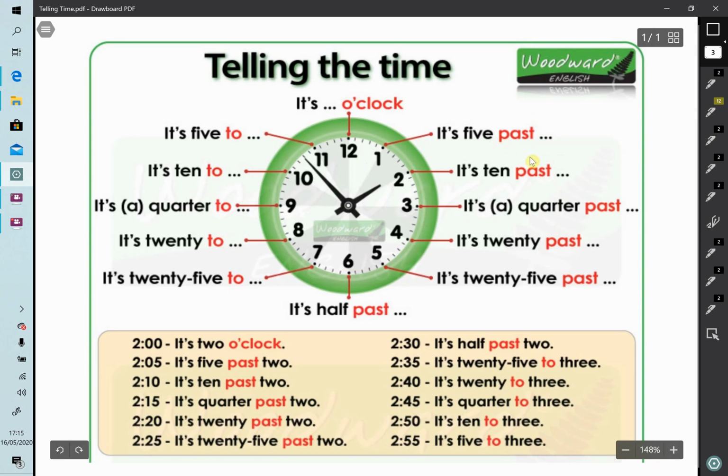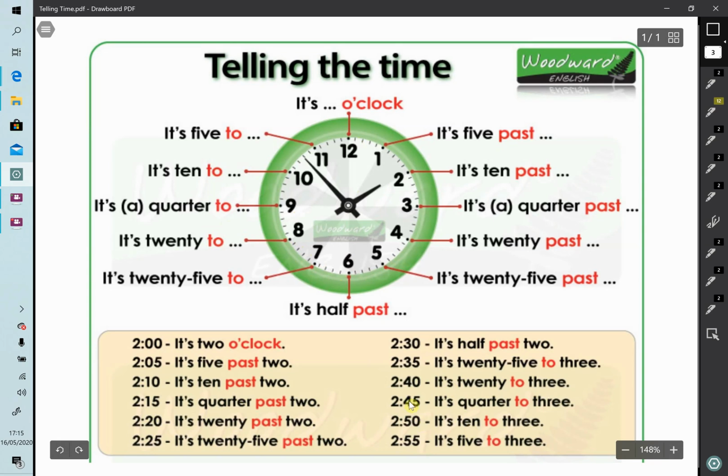We always use the word past. It's quarter past, it's 23 past if I want it to be, right? 23 past, because 20 past, 1, 2, 3. But as soon as I pass the half past, I don't say it's 35 past, it's 40 past, it's 45 past. I say it's quarter to, or that it's 20 to.